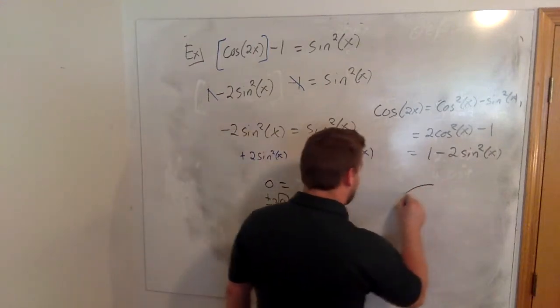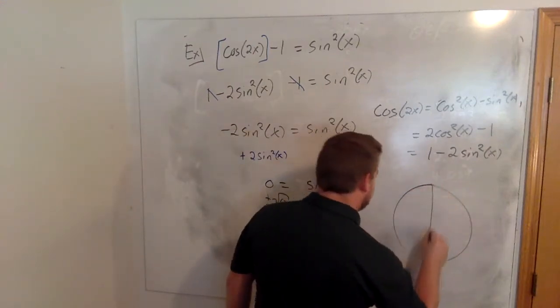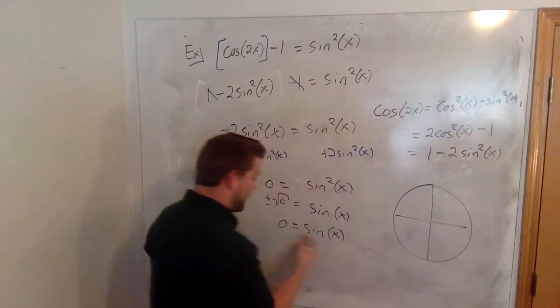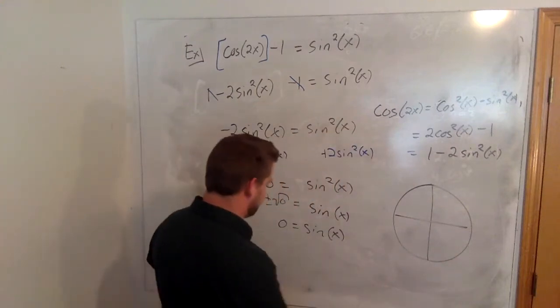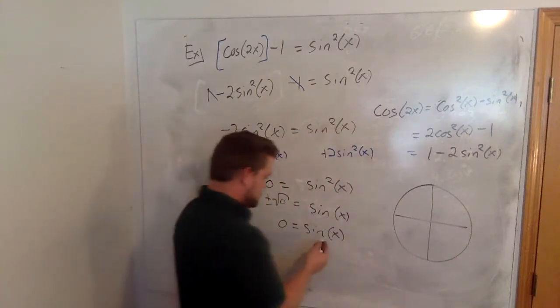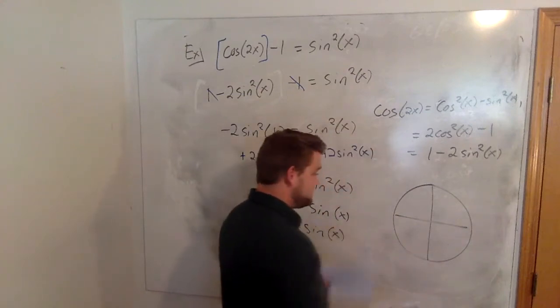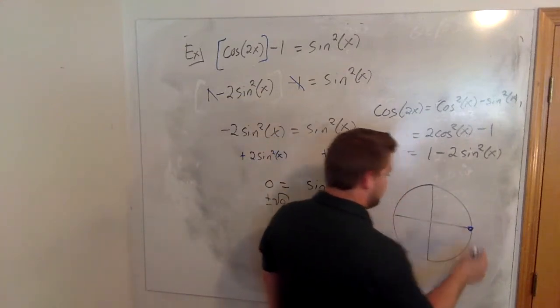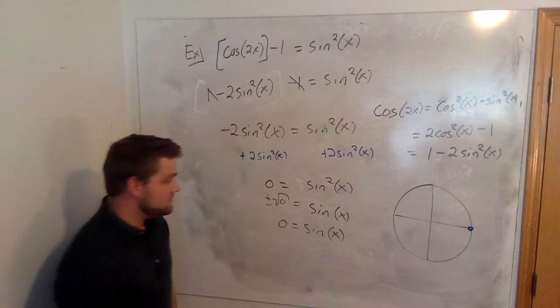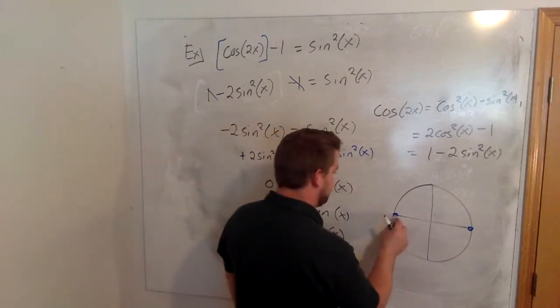Okay, so when is sine equal to 0? You could do sine inverse of both sides if you'd like, but I think it's nicer to think about this. If you did sine inverse of both sides, your calculator is only going to tell you this answer, 0 radians, but there's also this answer here.